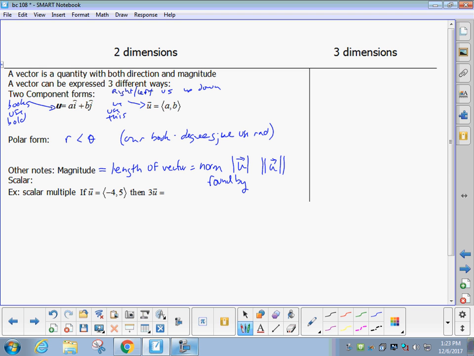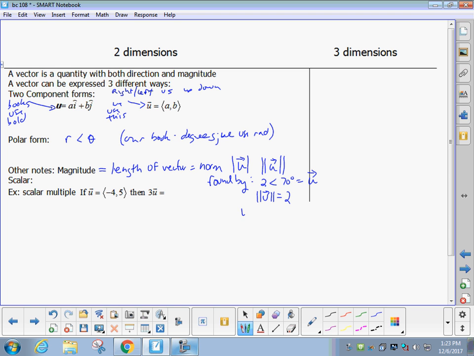Well, it kind of depends on if it's polar or rectangular. If it's polar, if I say 2 at an angle of 70 degrees, and that's vector u, then the magnitude of u is really easy to find. What is it? 2. It's just the length of the vector.